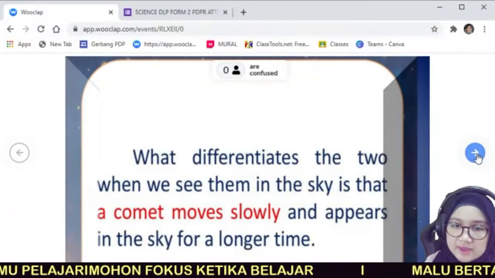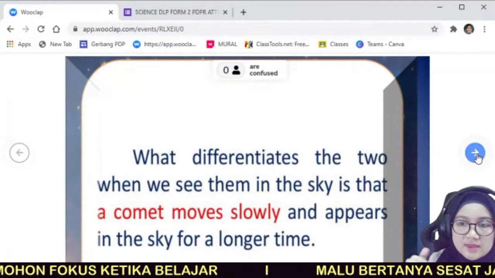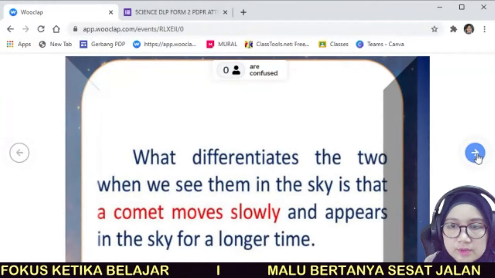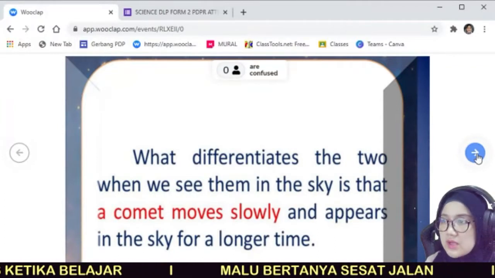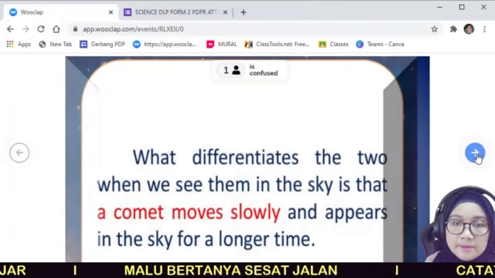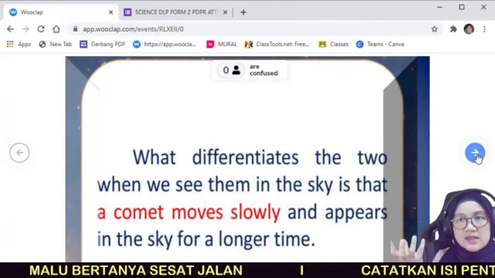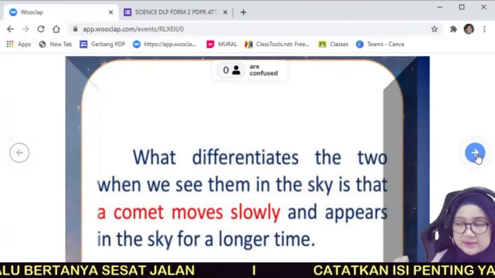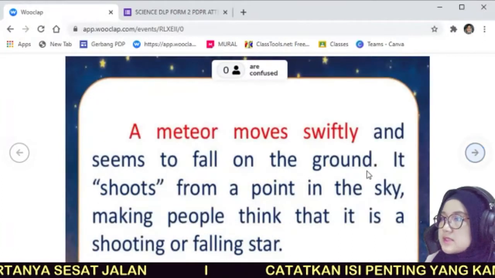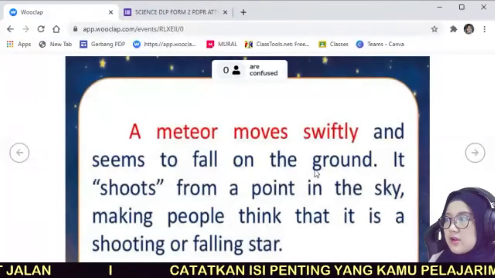So let's think of it. When the size is smaller, the kinetic energy will also become higher. So the meteor will move faster compared to the comet because the comet has a bigger size. A bigger size cannot move faster. Okay, so a meteor moves swiftly and seems to fall on the ground.